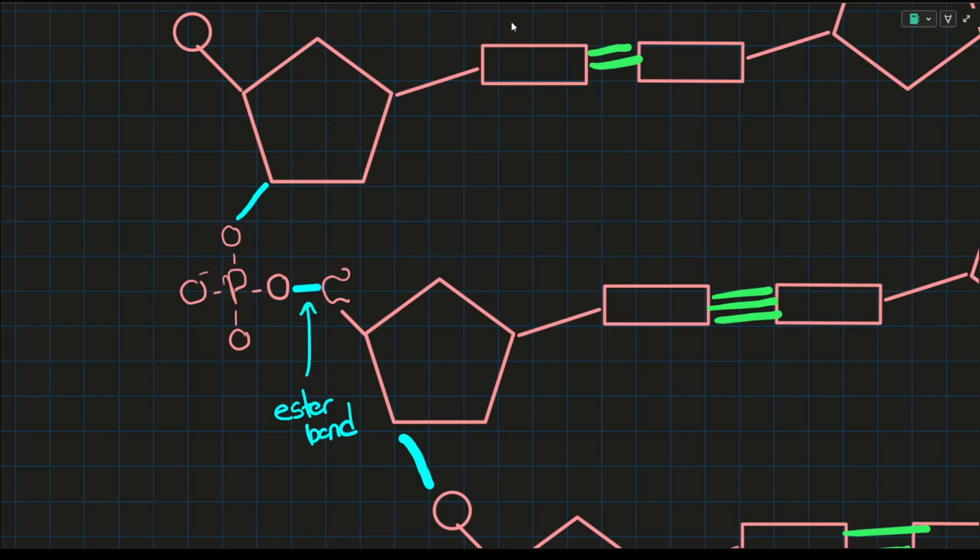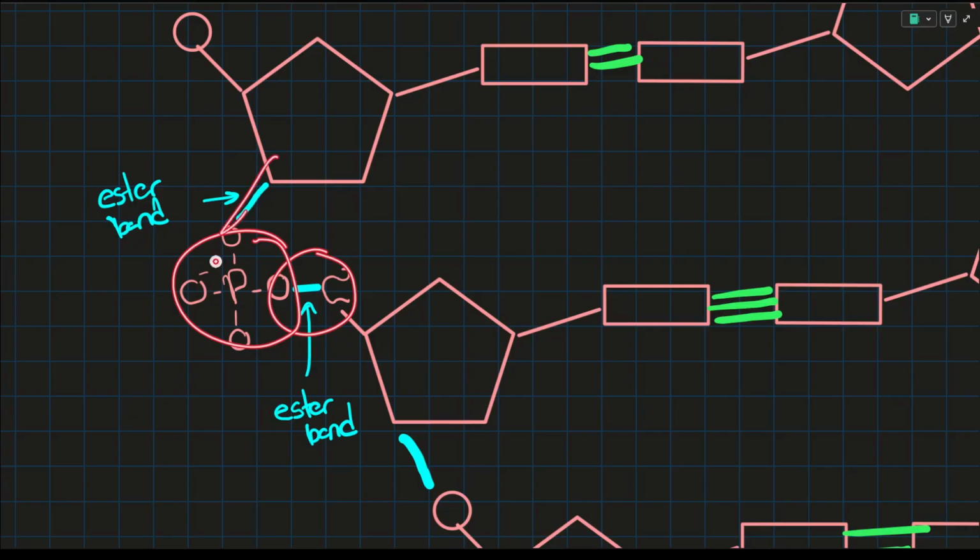That is also an ester bond. We don't have to go into too much detail why exactly it's an ester bond and not any other form of bond. Here, simply it's an ester bond. Now you see it's connected. Everything's connected. This is connected to this through the phosphate group, and this is connected to that.